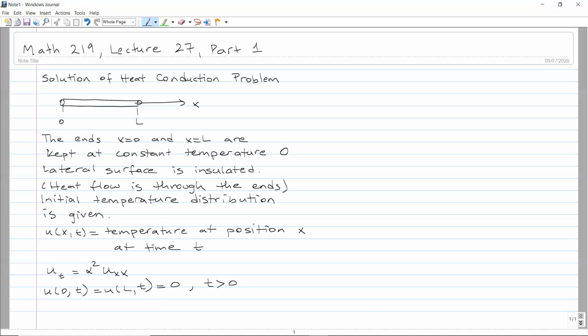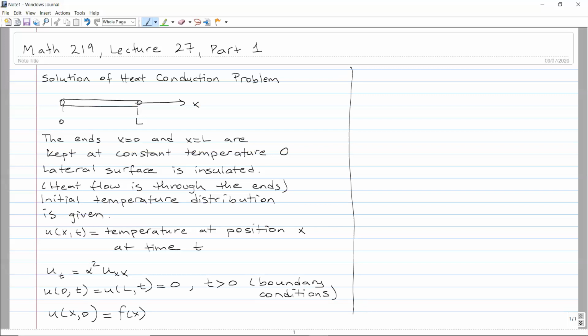And the initial temperature distribution means when we take time t equals 0, initially, we know the temperature at every point x. So it is given by a function of x.